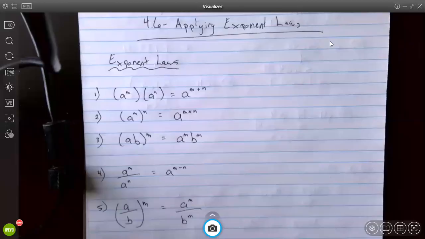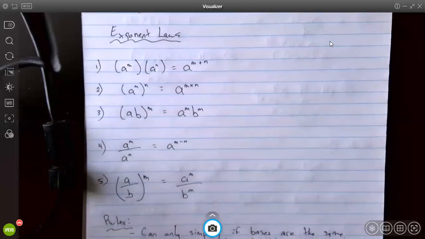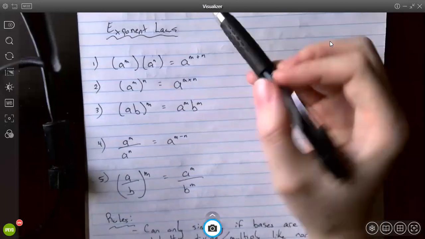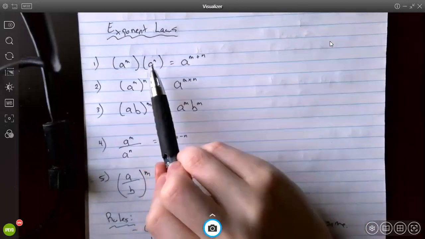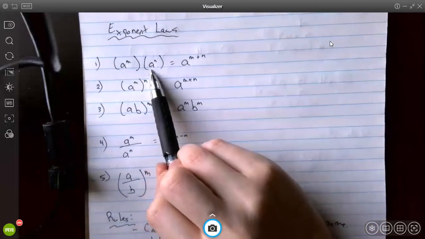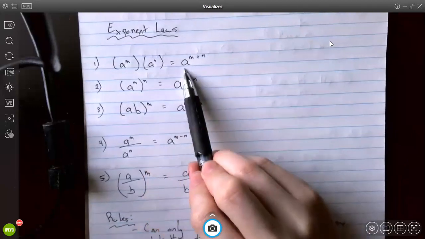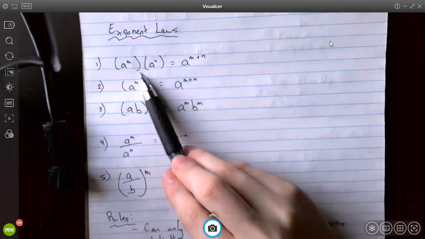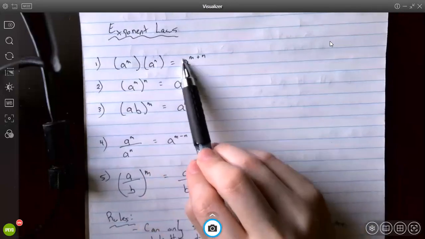Okay, so this is lesson 4.6, applying exponent laws. So just as a quick reminder, we'll go over what those exponent laws are. If you have two powers with the same base, you can simplify that by just keeping the base. If those two powers are being multiplied, you add their exponents.